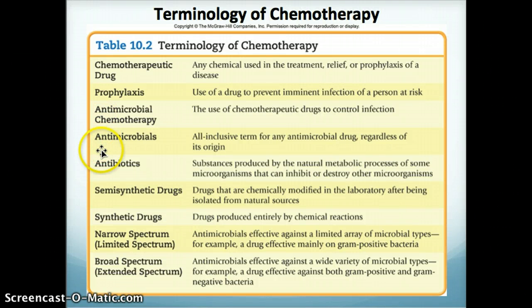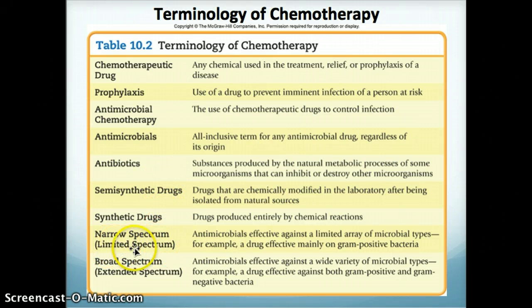In addition, we have the broad term antimicrobials, which is a very wide term regardless of the origin of the microbe. Antibiotics are natural metabolic products that some microorganisms make to inhibit or destroy other microorganisms.